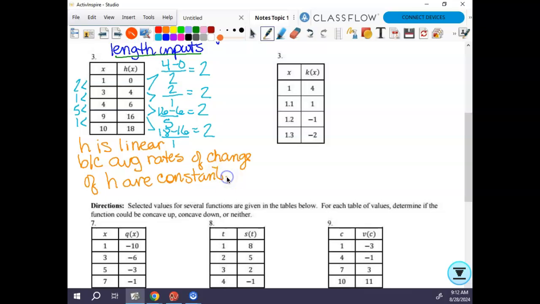And I don't have to say anything about intervals even if they were equal because it's linear. Everybody okay with that?